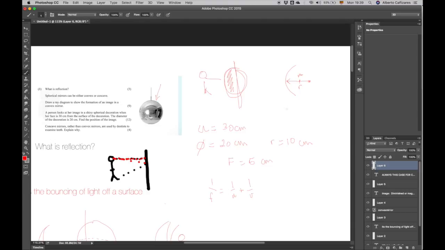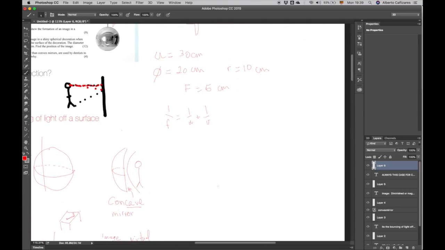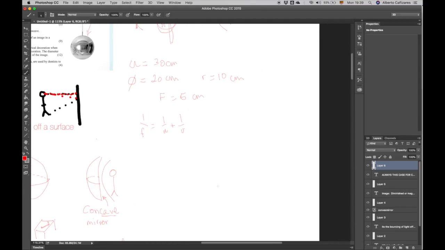Okay, so in order to solve this formula, we first need to establish the sign convention of this formula, right? So F stands for the focal length. As a rule, anything in the real world, let's say this is the back of the mirror, anything here is positive, anything here is negative.